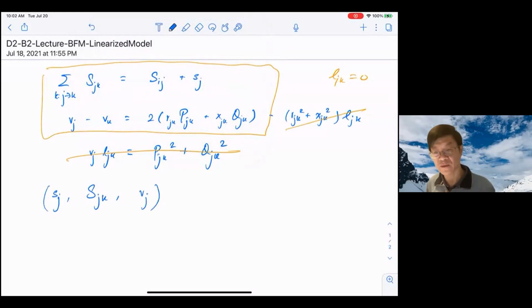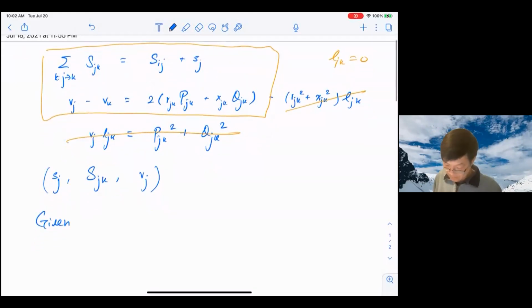So these are variables. So given s_j for j not equal to the substation, think of those as loads, but now they can also be generations because of distributed generation.